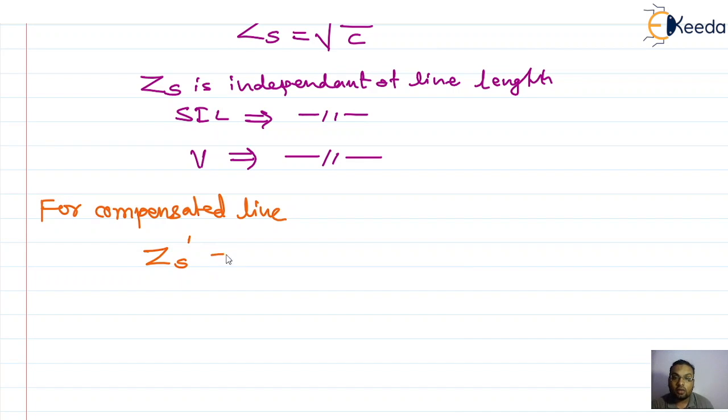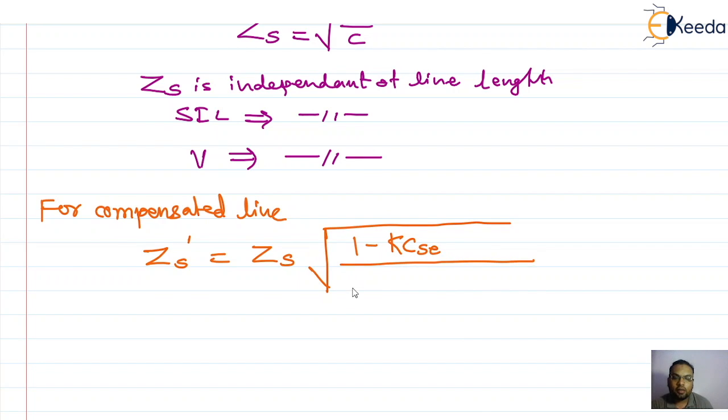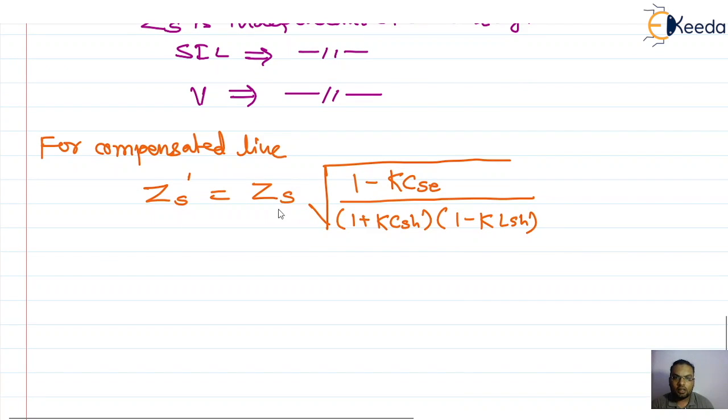It is calculated as ZS into square root of (1 minus KCSE) divided by (1 plus KCSH) into (1 minus KLSH), where ZS is the surge impedance of an uncompensated line.